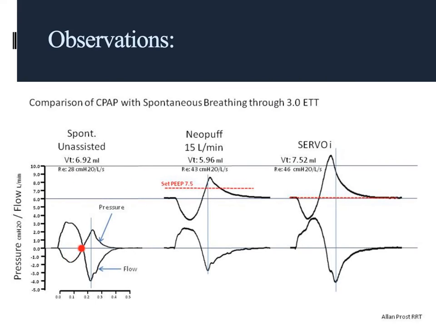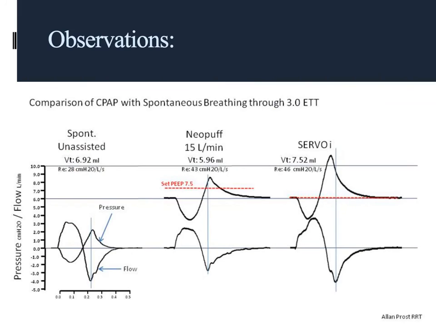So the induced work of breathing through that 3.0 endotracheal tube is significant. You can see that I've got a drop down in pressures here, and that's a dramatic change and increased work of breathing once we've intubated our patient. So that's something to consider. It limits our peak inspiratory and our expiratory flows. So the patient has to do a lot of work just to get that same tidal volume in.